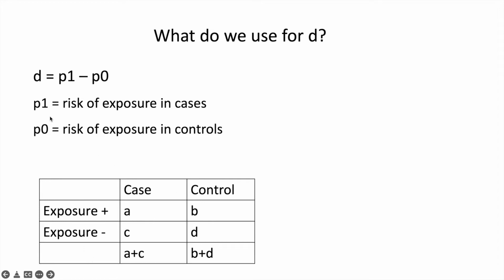To figure out the proportion of exposed cases, P1, we take the number of exposed cases, A, over all the cases, so A over A plus C, and for P naught, the proportion of exposed controls, we take the number of exposed controls, B, and divide by all of the controls, B plus D.